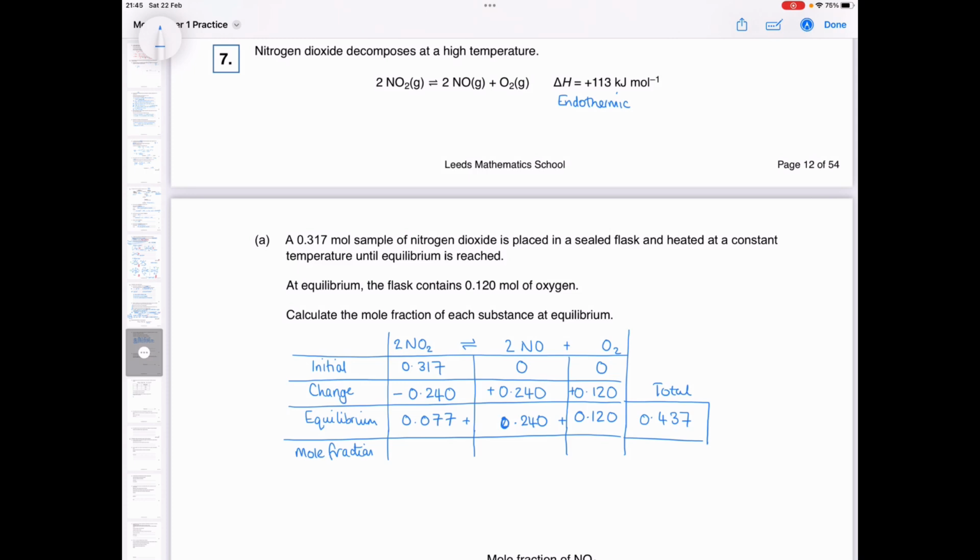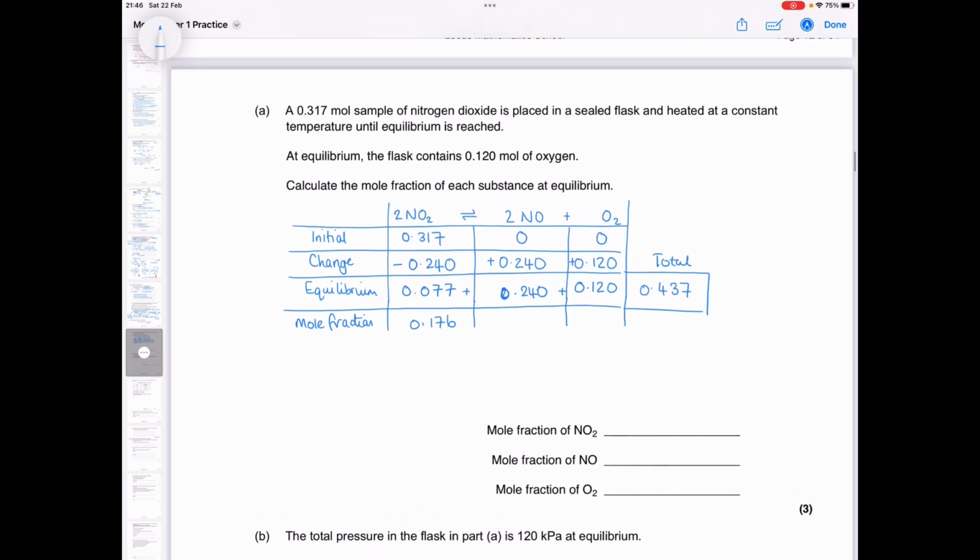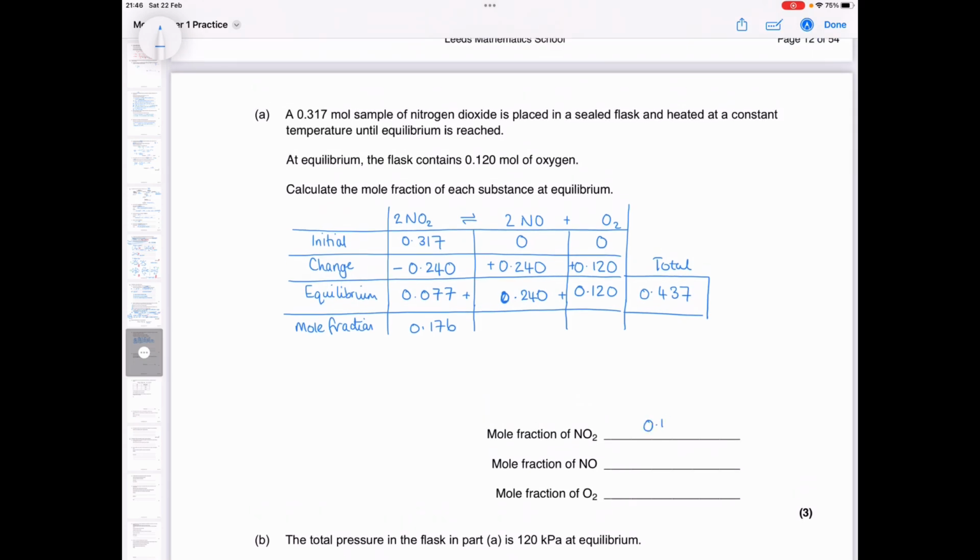So for the first one it's 0.077 divided by 0.437, which is 0.176. And then for the next one it's 0.240 divided by 0.437, which is 0.549.